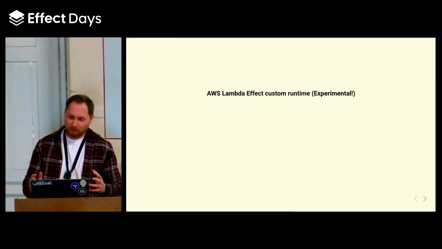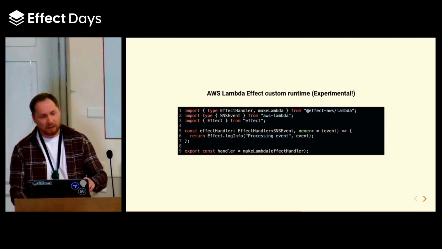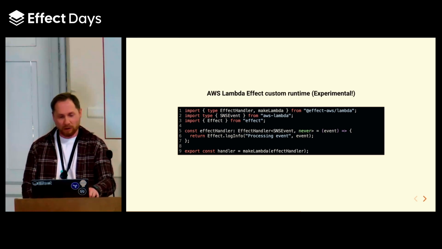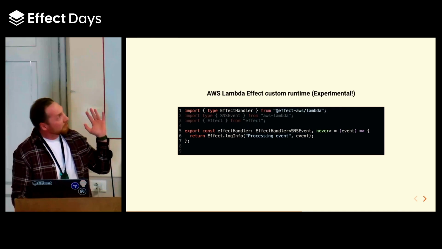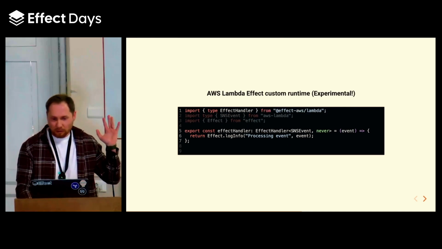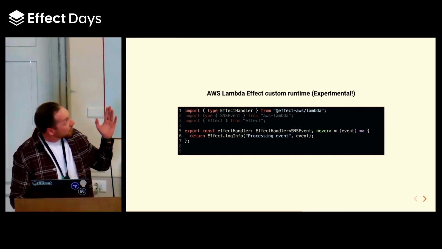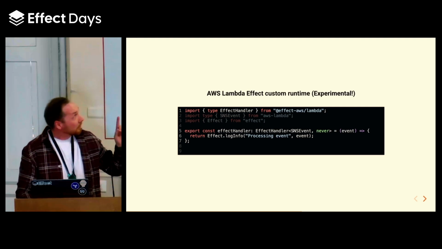It would be good to run our effect code natively, so you directly export the effectful handler from your file. This is the simple example. What if we just directly export it from the file, and it will work somehow magically? Yes, it's possible. And how is it possible?